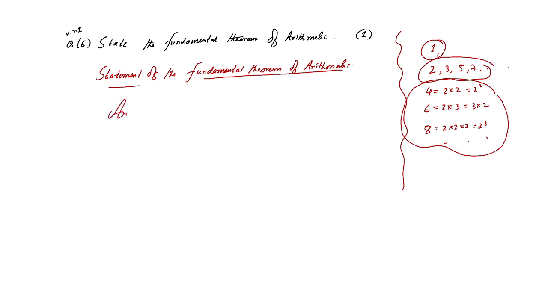So any positive integer is either 1 or a prime or it can be expressed as a product of primes.